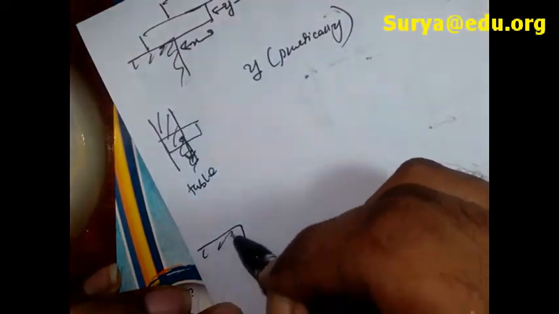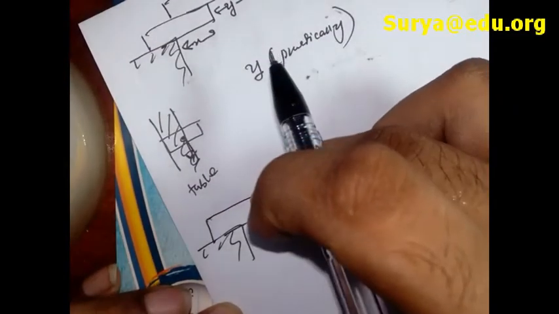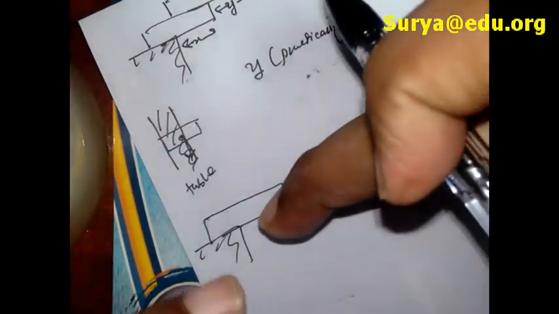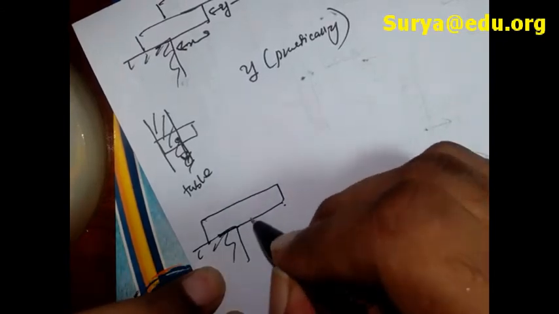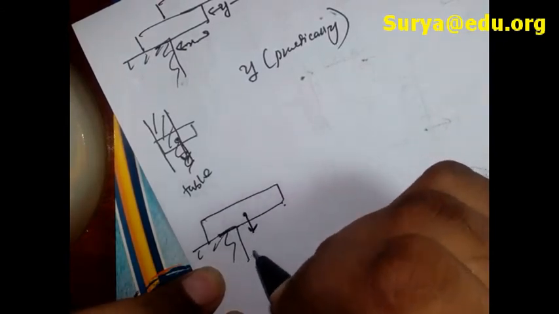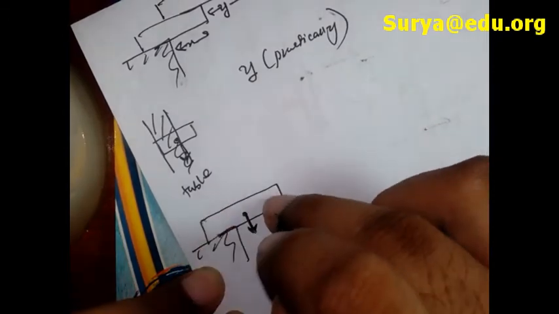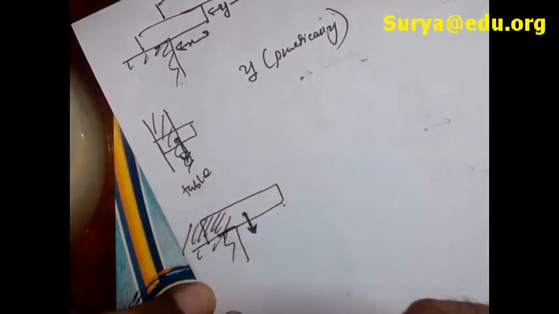In order to study that, just consider a single block rather than considering 2 or 3 blocks. If you consider a single block, the center of gravity will be right towards the mid. Now if you consider this case, the center of gravity has reached out of the table region, so it is not in the table region.